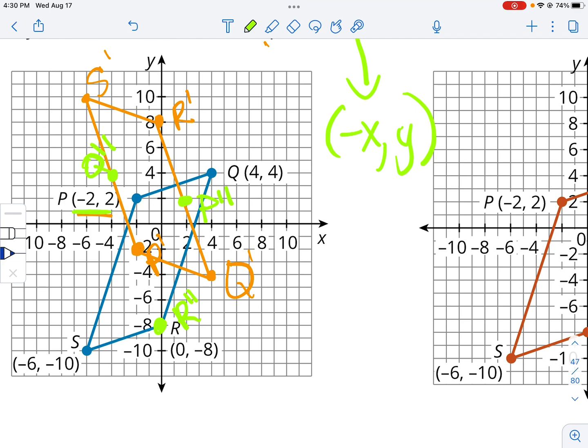And then S is going to change to 6, negative 10. So S double prime. And there we have it.